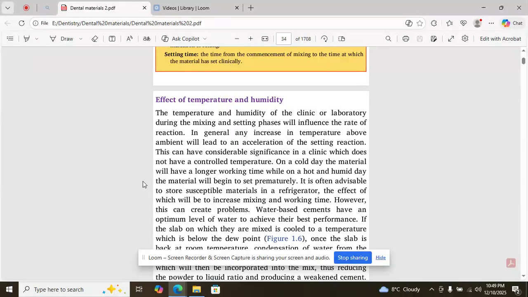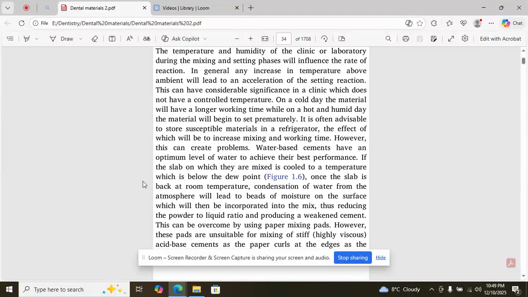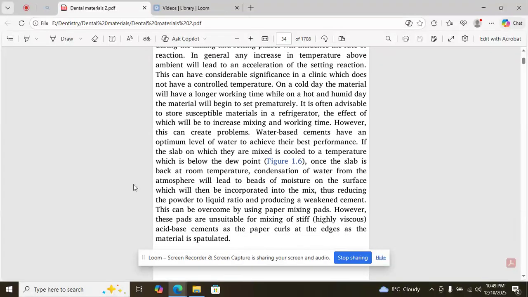If the slab on which they are mixed is cooled to a temperature which is below the dew point, Figure 1.6, once the slab is back at room temperature, condensation of water from the atmosphere will lead to beads of moisture on the surface, which will then be incorporated into the mix, thus reducing the powder to liquid ratio and producing a weakened cement. This can be overcome by using paper mixing pads.